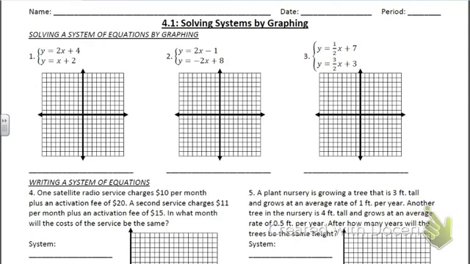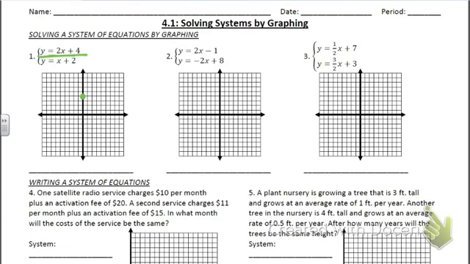So we're going to do number 1 together. And then I'll have you guys do 2 and 3 on your own. So I'm going to use 2 different colors for each of the lines. You can if you want. If you don't have colored pencils, that's fine. Y equals 2x plus 4. Let's graph that. What is the y-intercept of that equation? Good, 4. 1, 2, 3, 4. And so I'm going to put a point. And the slope is positive 2 over 1.